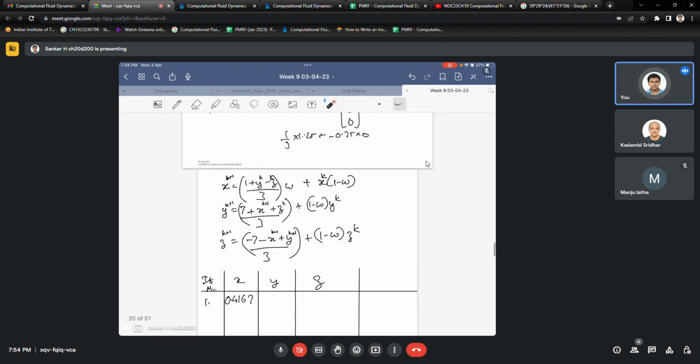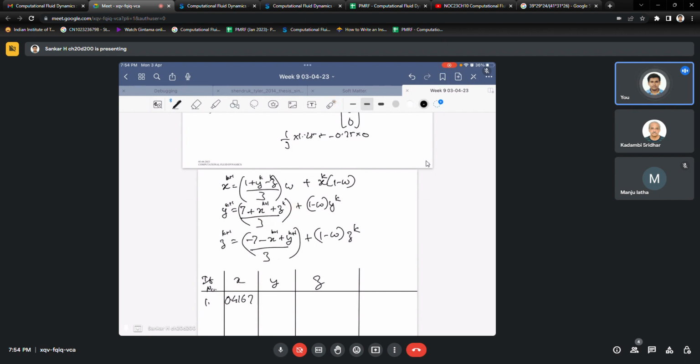Now I'll substitute this newly found value of x over here. So it will be (7 plus 0.4167 plus z, which is 0) divided by 3, times, sorry, here again omega will come.